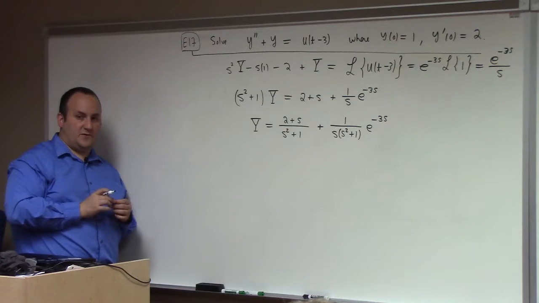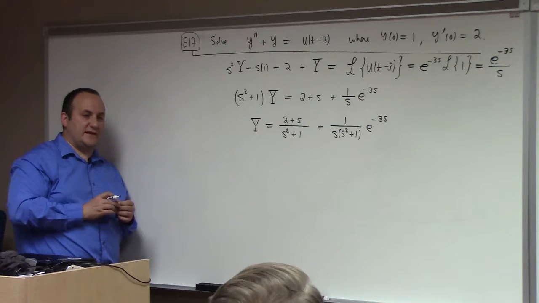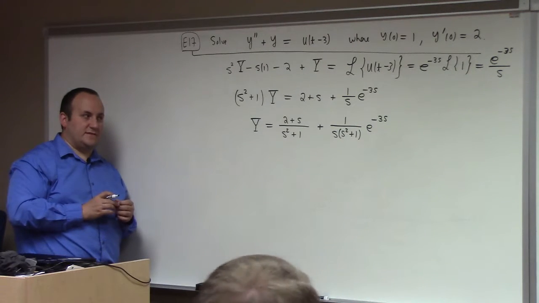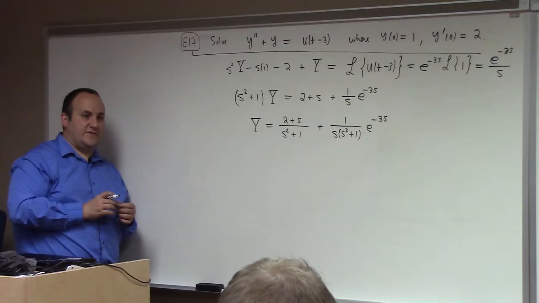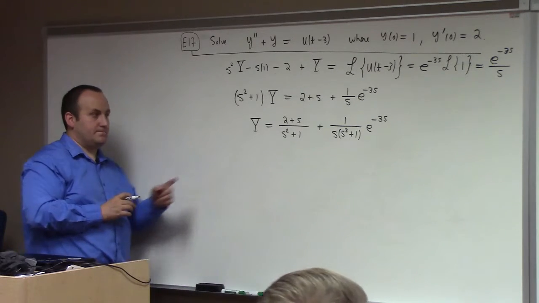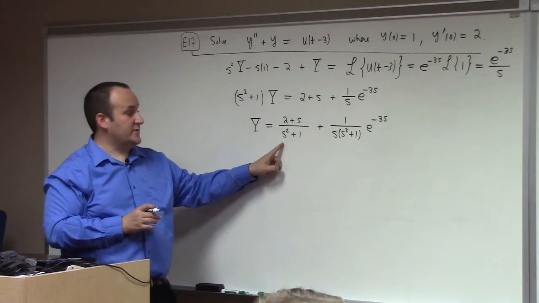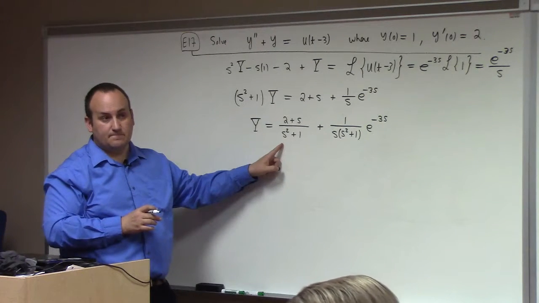It's kind of a tamer version of our example 3 from today. I mean, the first piece I can inverse transform just by looking at it. It's 2 times sine t plus cosine t. That's the inverse transform of the first piece, right? This piece inverse transforms to twice sine plus cosine t.